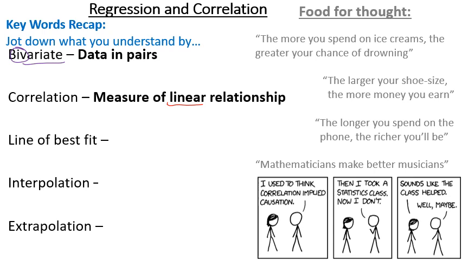What we mean by a linear relationship is essentially how closely the data matches the next thing in our list, the line of best fit. The line of best fit is essentially if you represent your data on a scatter graph and then you draw a straight line through that data, the line of best fit is the best line you could draw, the one that most closely matches the relationship between the 2 sets of data.